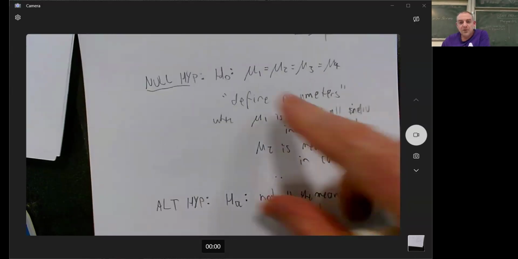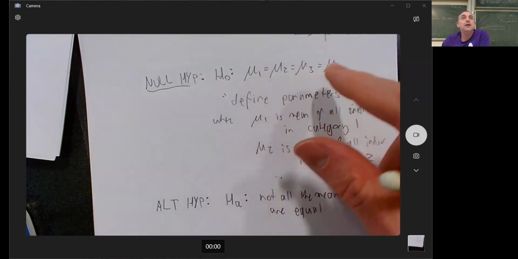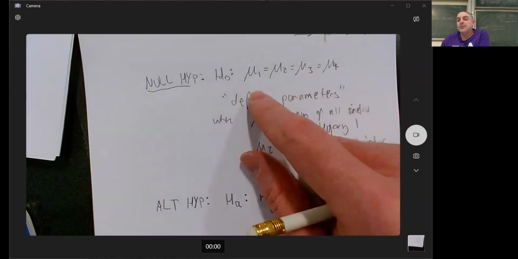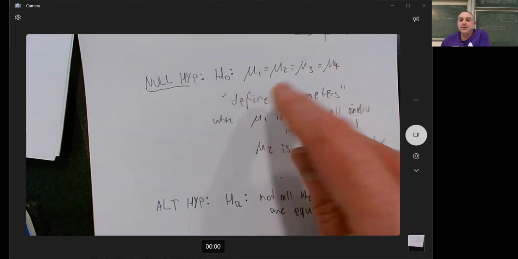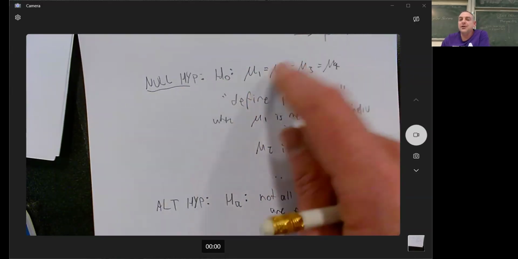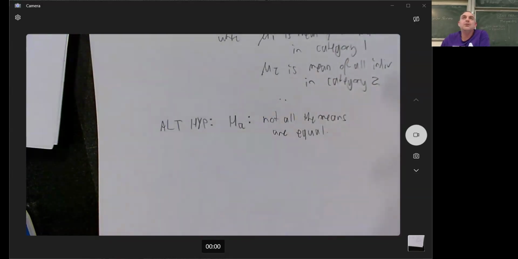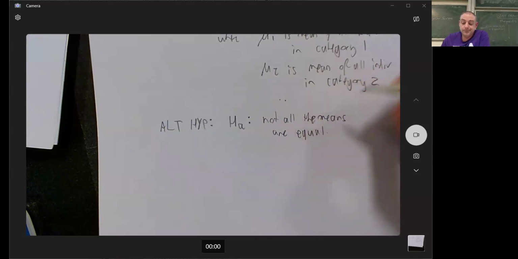It's not the same as just putting a not equal to sign here, because if they're all the same, it's still not all the same if just these two are different and those two are the same. So you just have to say not all the means are equal, because there are many, many ways for them to not be all the same. So, yeah. Okay. Cool. And that is the beginning.